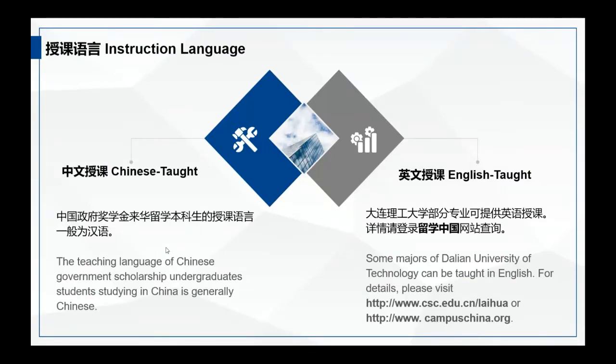As for the instruction language, you could choose either Chinese taught program or English taught program at DUT. Generally, the teaching language of undergraduate students in DUT is Chinese. However, many majors of Dalian University of Technology could be taught in English. For details, please refer to the instruction of each major of DUT in the CSC website.